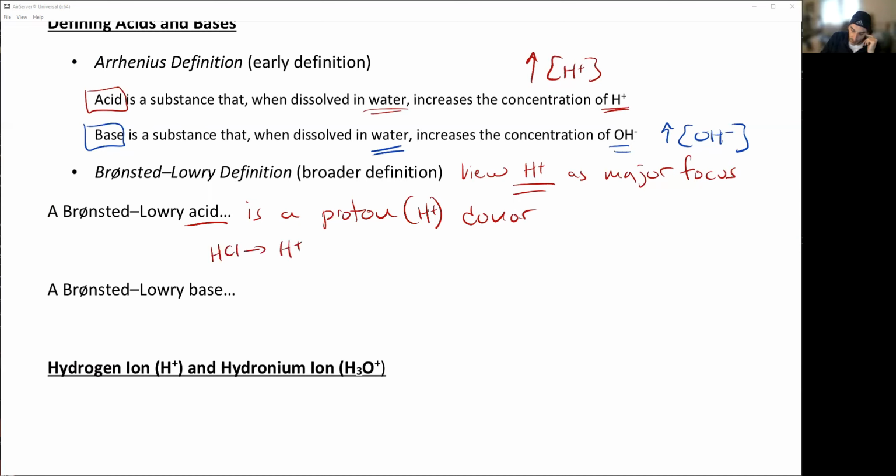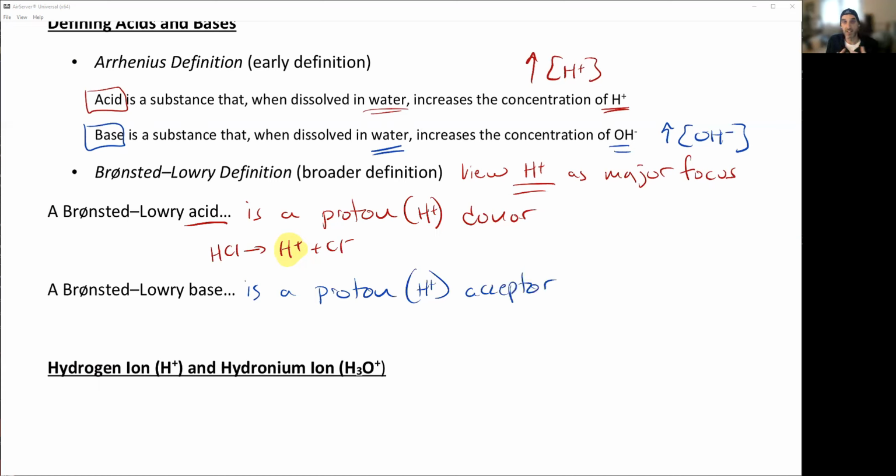it becomes H+ and Cl-, aqueous. So all of those are aqueous. That Cl- has essentially donated the H+ or given it to the solution to go and react somewhere. So by definition, it's going to be a Bronsted acid. The Bronsted base is a proton, H+, acceptor.